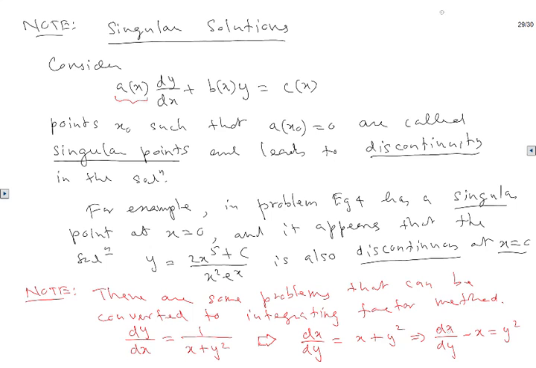If you take y as the independent variable, you can try this problem as well. There are interesting things like that. It doesn't look like it, but you can turn this into an integrating factor problem. Okay, so this is the end of the integrating factor method.